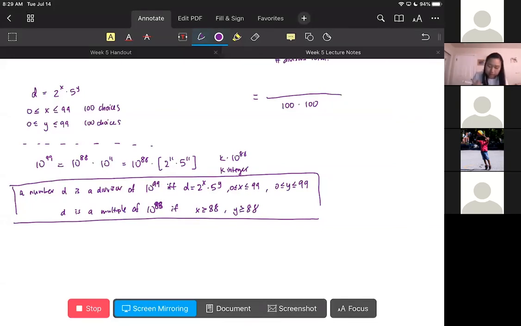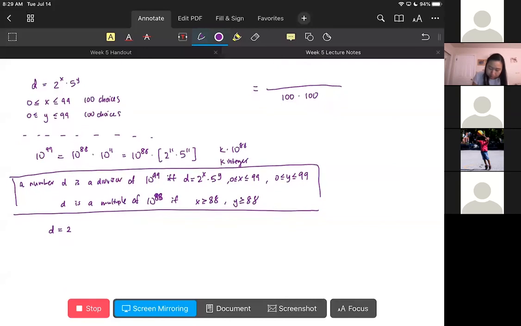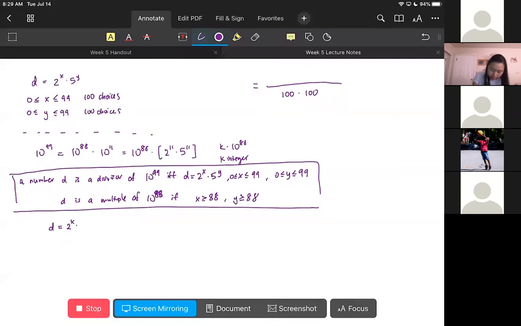So if we want to count the number of multiples of 10 to the 88 that also divide 10 to the 99, we want to count the total number of numbers that satisfy this.